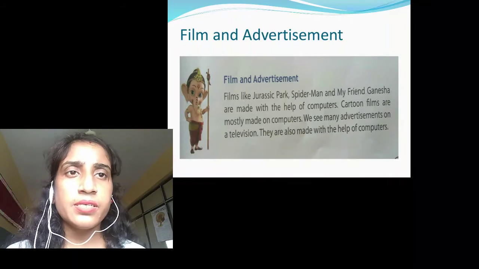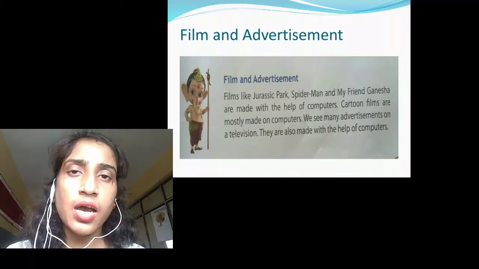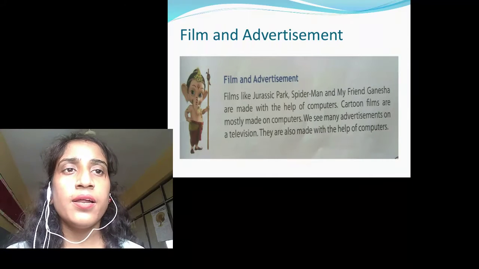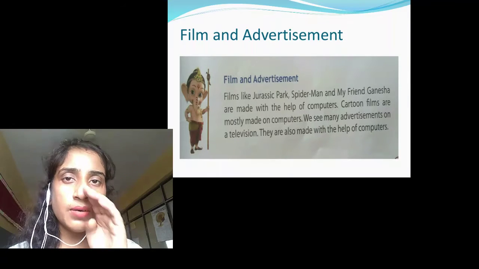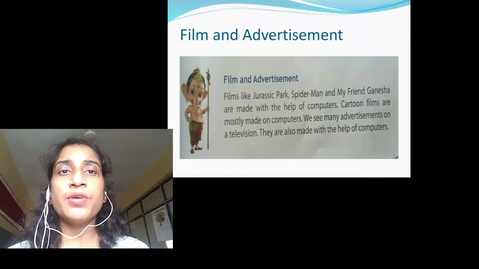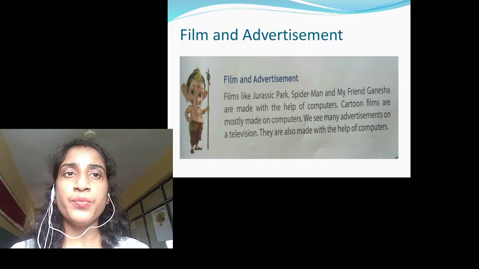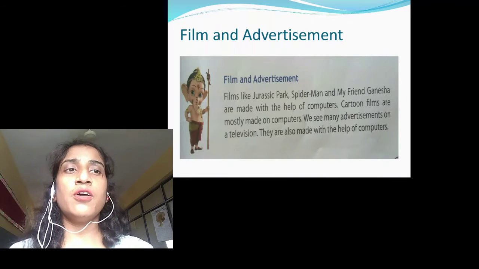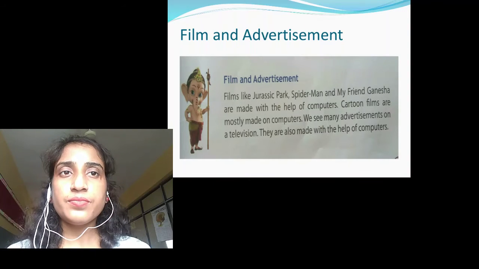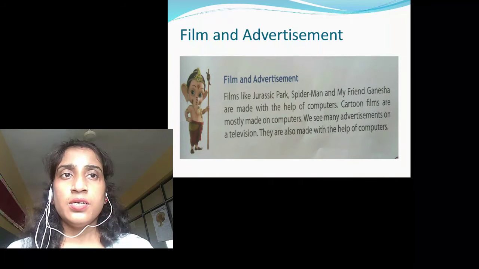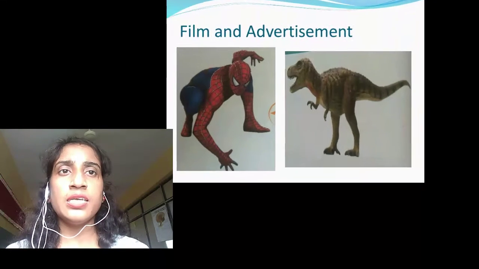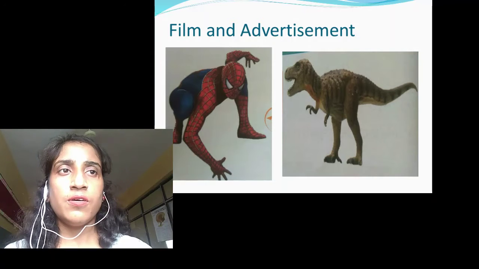We see many advertisements on television. They are also made with the help of computer. I already told you that you can give special effects with the help of computer, because in computers some options are there. In the next slide, you can see two pictures.